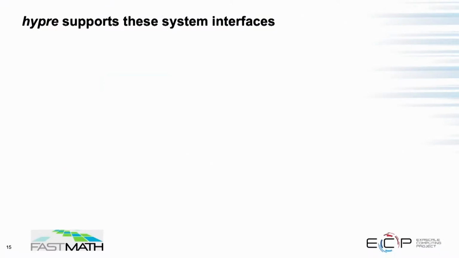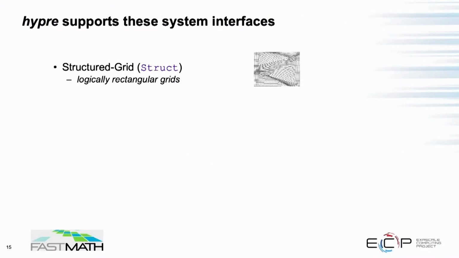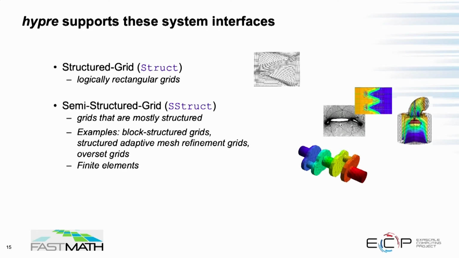HYPRE supports 3 main interfaces. Struct, or structured grid, is appropriate when you have logically rectangular grids with a fixed stencil pattern. We also have semi-struct, or SStruct, and this allows you to describe more complicated settings. These are problems that are mostly structured, but not entirely.